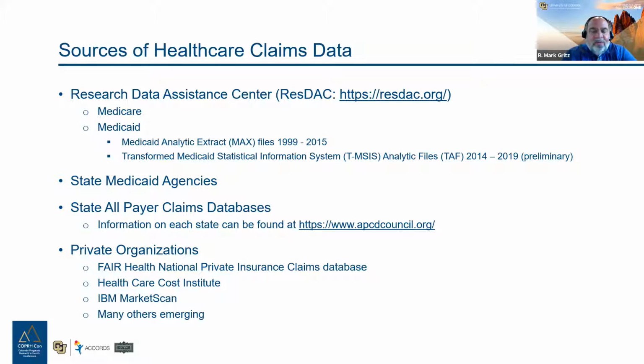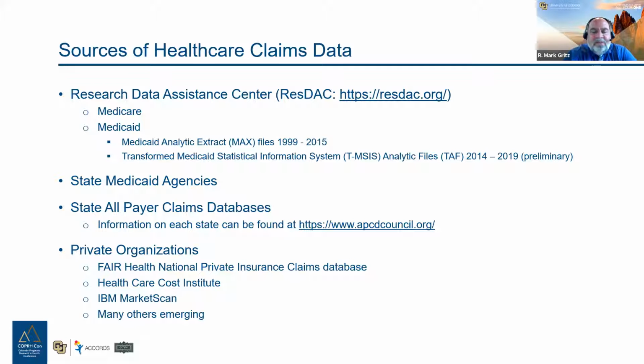In Colorado, I believe our state all-payer claims database now covers approximately 80 to 90% of all covered lives in the state. There are a number of self-insured employers that are voluntarily reporting, but it's not quite all payer, so almost all payer.